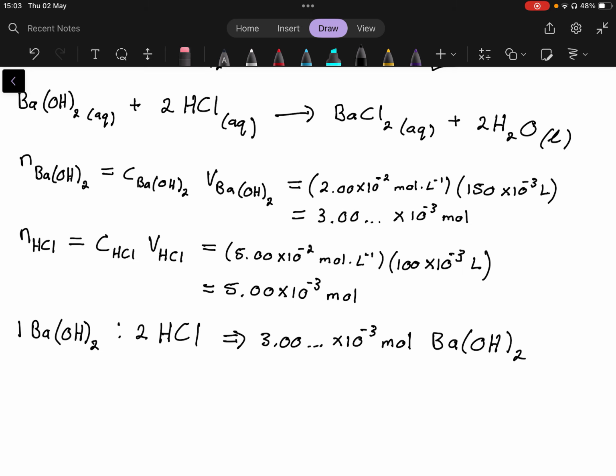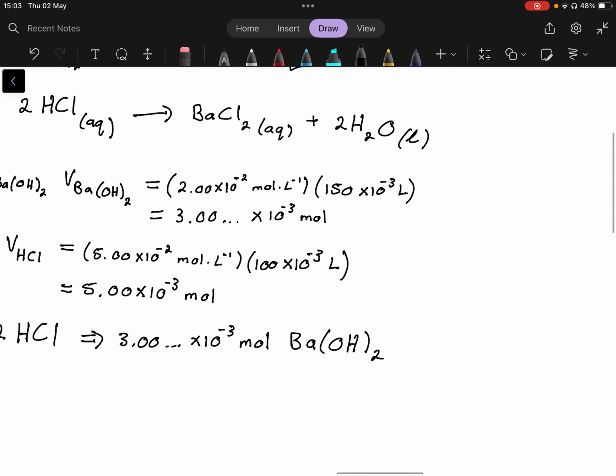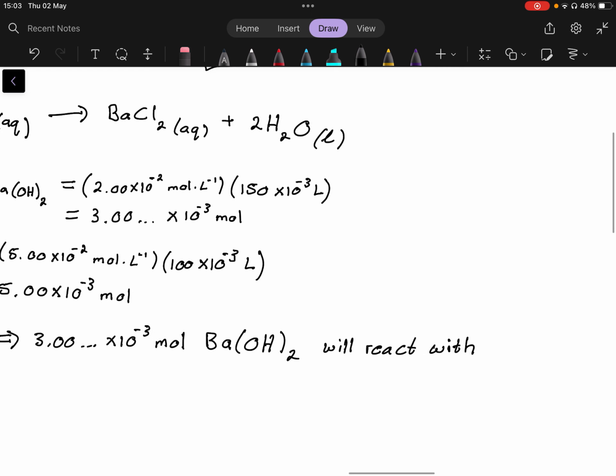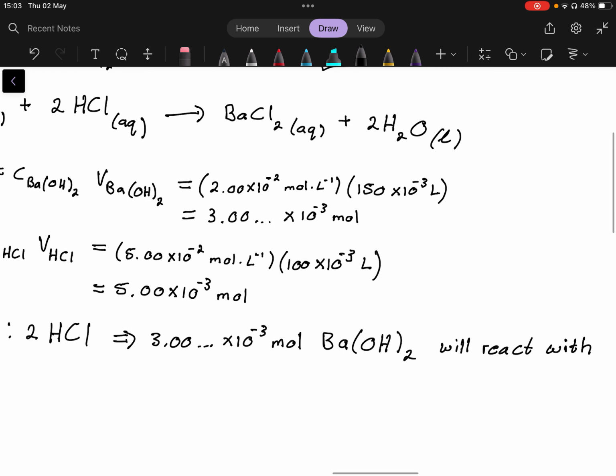It would like to react with twice that much HCl, so it will be 6.00 times 10 to the negative 3 mole HCl.